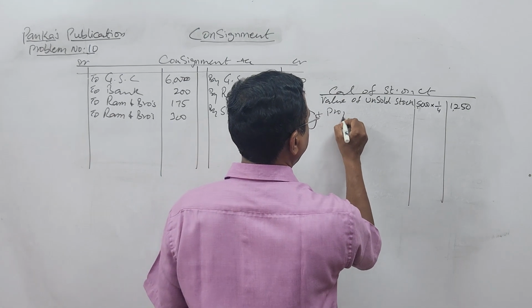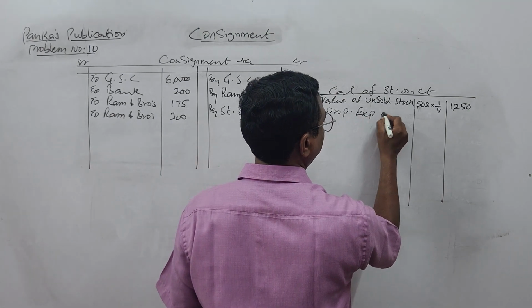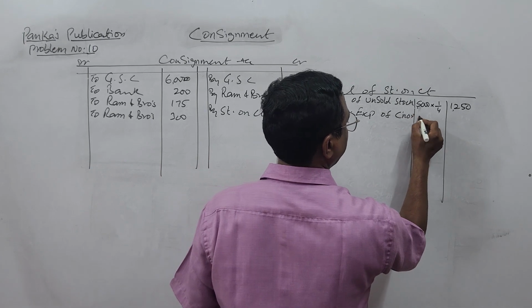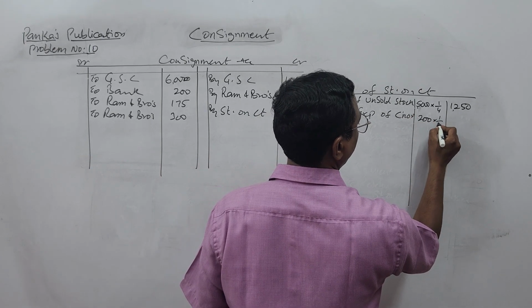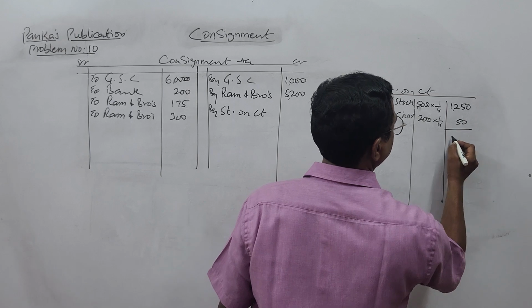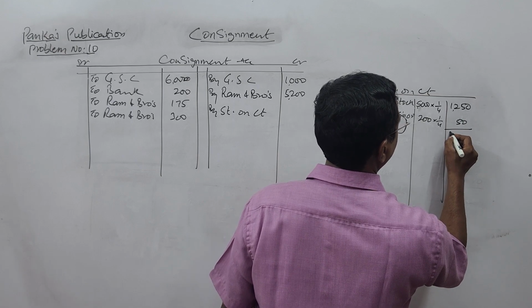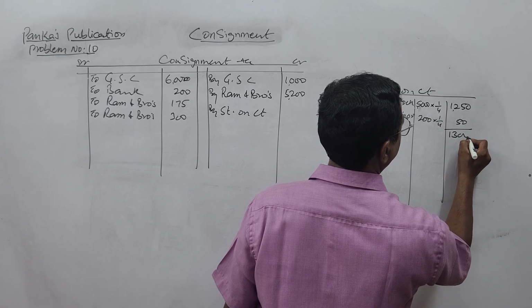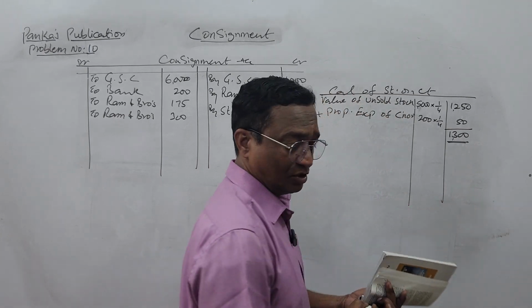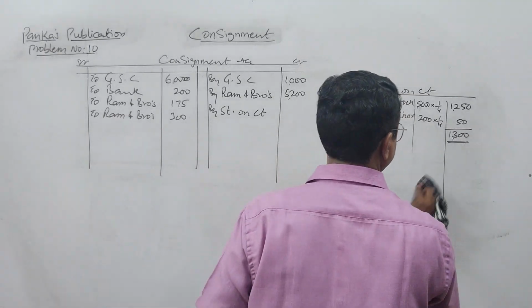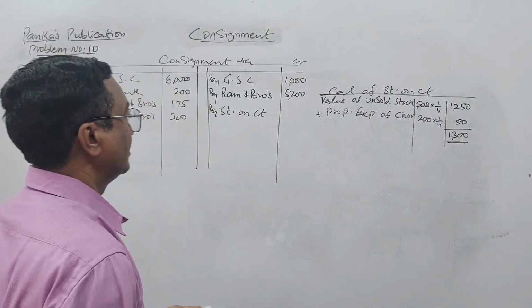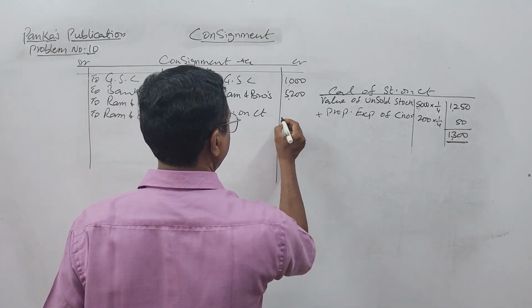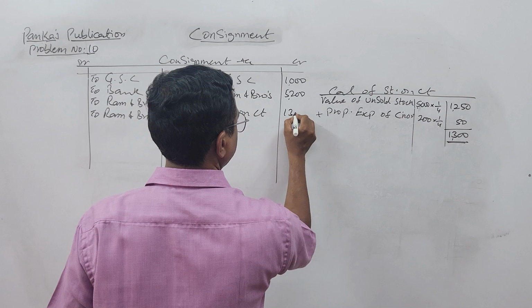Add proportionate expenses of consignor. Consignor expenses is 200 into 1/4, which is 50. So total comes to 1,300. This is the value of unsold stock. So unsold stock will be taken here, 1,300.